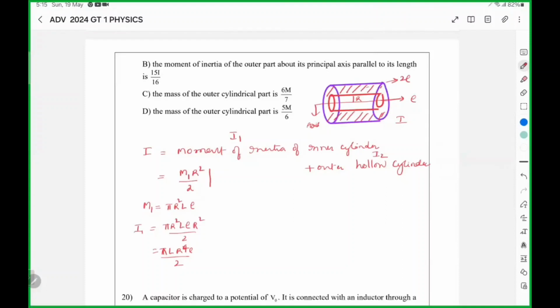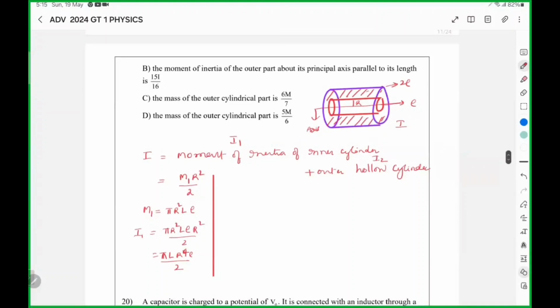Now about the hollow cylinder, before finding the moment of inertia of the hollow cylinder, first I will find the moment of inertia of a hollow disk.